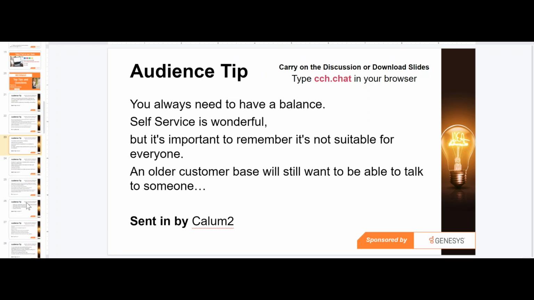Yeah, I think it comes back down to customer demographics. I think it's very easy to generalize. But the thing to remember is self-service can be a barrier, and it can be a barrier in a scenario where it's a moment that matters for the customer. So therefore, they want the human assurance that something's going to be resolved and sorted out quickly.